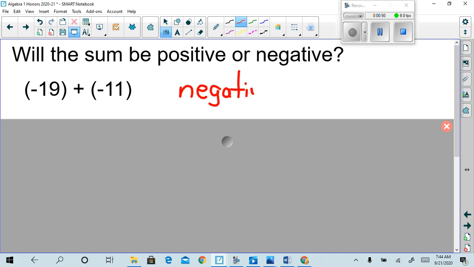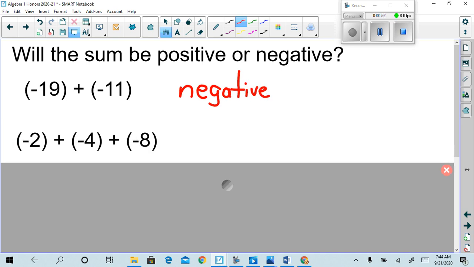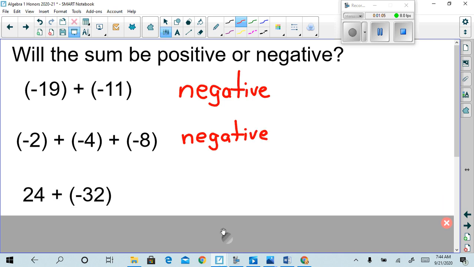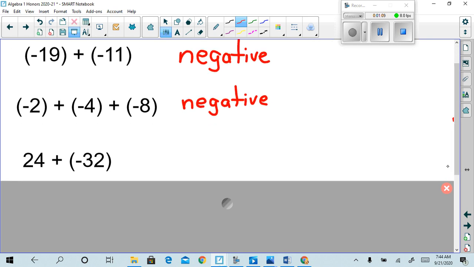Will the sum be positive or negative? In the next one, I have three addends, but they're all negative in sign. So you see that my sum will be negative. Third problem, the signs are unlike. If you recall the rule, you subtract and keep the one with the sign of the higher absolute value.